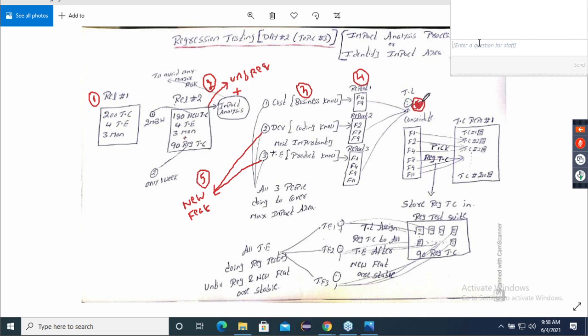And then let me make it the sixth point. The lead is going to consolidate that report, and he is going to pick the regression test cases from the previous repository and store them in a separate folder called the regression test suite.